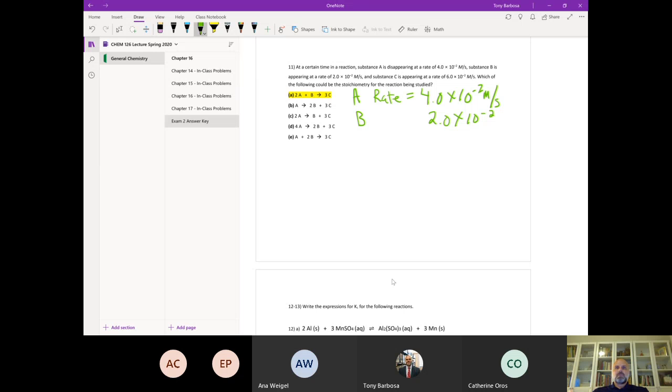The description was on, where was it? They talk about shifting equilibrium.